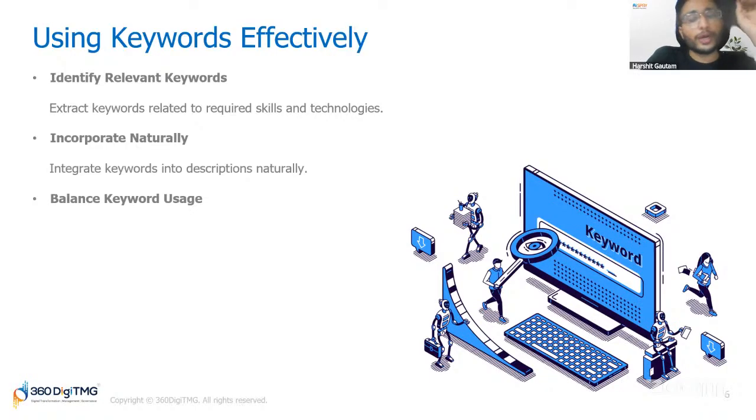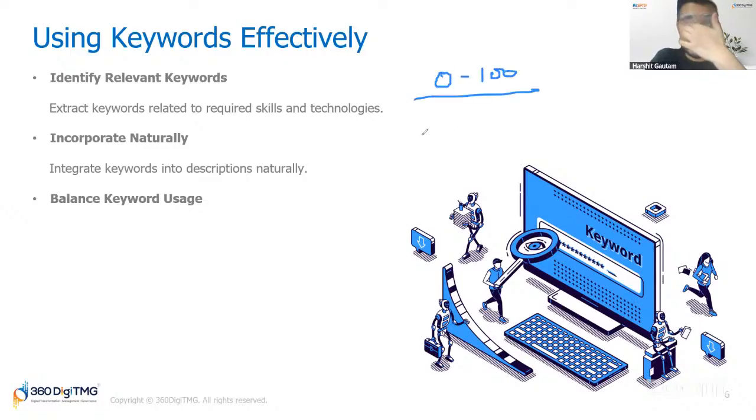Okay. So what they actually do is there is one software called ATS, and all those resumes will be given to that ATS software. It will match each resume with job description, and based on the number of keywords matched, it will provide one ATS score between 0 to 100.